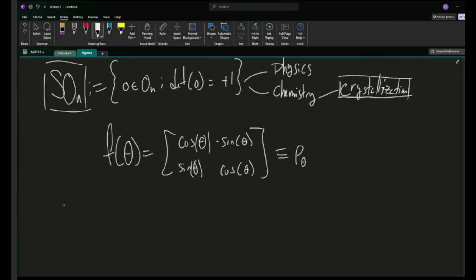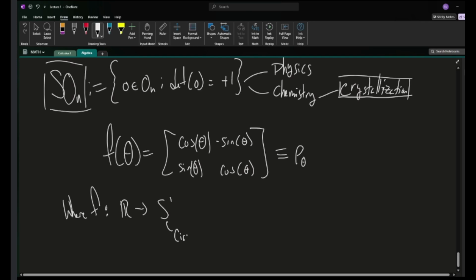So if you take this function, it's really just a mapping from some real number to the circle itself, which we denote as the circle group.